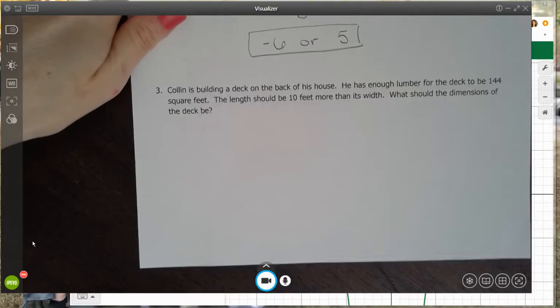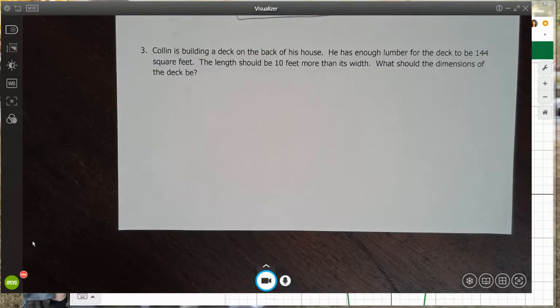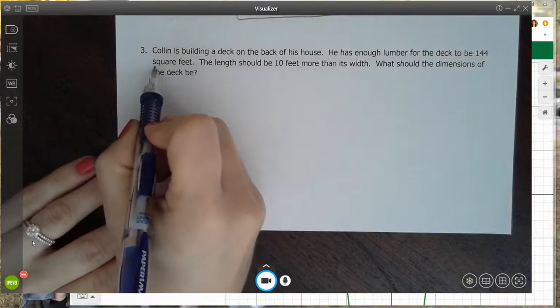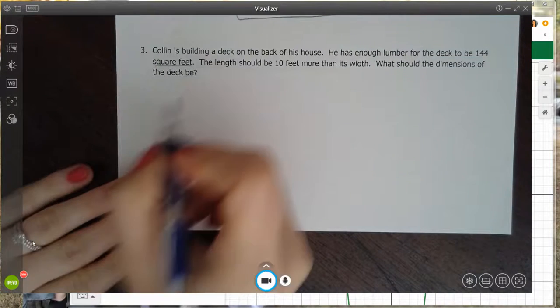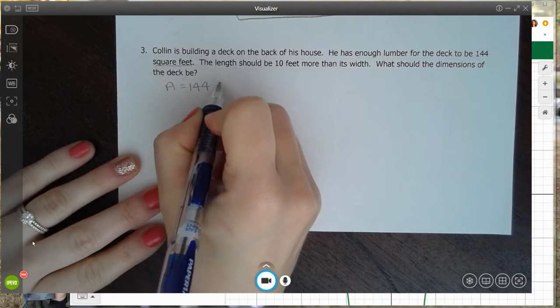The next question on here, we're talking about Colin building a deck. He has enough lumber for the deck to be 144 square feet. The length is going to be 10 more feet than the width. Since this is a square feet measurement, I know that the area is 144.